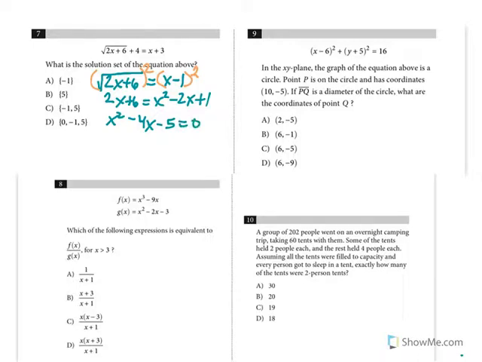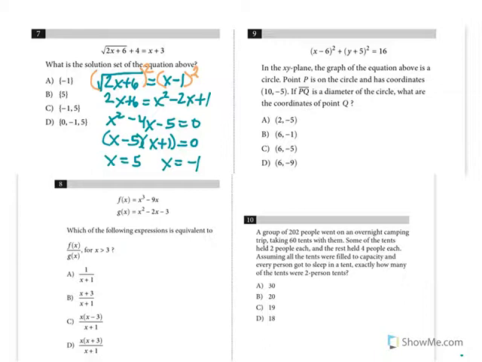And then we need to factor that. That factors out to x minus 5, x plus 1 equals 0. Then once we set each of our factors equal to 0 and solve those linear equations, we get x equals 5 and x equals -1.